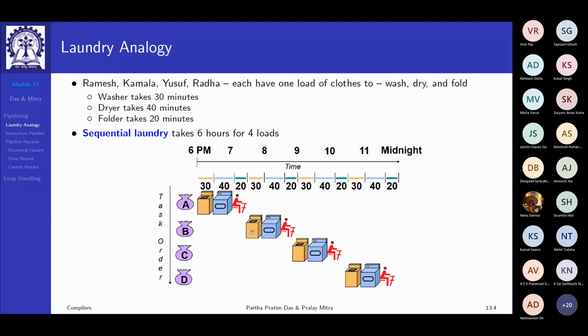The second person can start washing while the drying for the first person is going on. Similarly, the third person can start washing when the folding of the first person is going on, because these are independent machines. That kind of overlapping is basic pipelining.